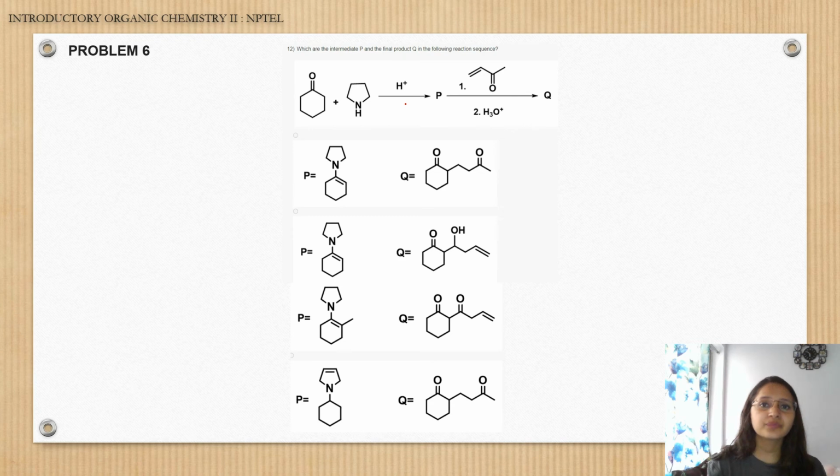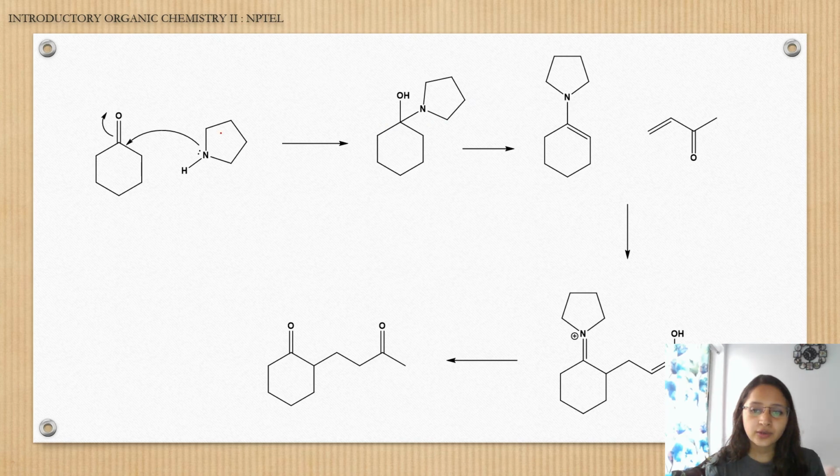Again the same kind of thing. You have to identify what P is and what Q is. Here you are providing an acidic medium to this cyclohexanone and this tetrahydropyrrole. First of all, protonation of the carbonyl takes place.